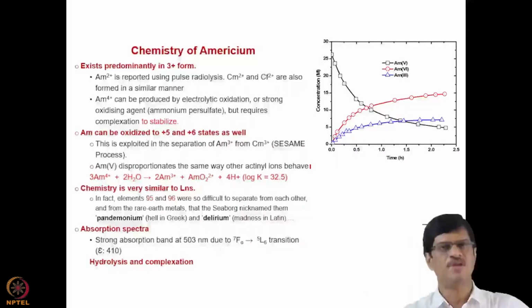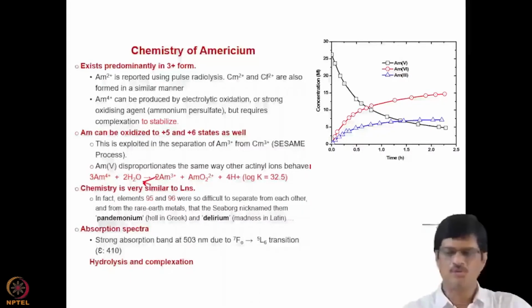Americium 5, that is AmO2 plus, disproportionates in the same way as the other actinyl ions like neptunium, uranium, and plutonium in their pentavalent state in aqueous medium. Also, americium 4 plus undergoes disproportionation. I have mentioned here: americium 4 plus plus 2 H2O giving 2 americium 3 plus and AmO2 2 plus.